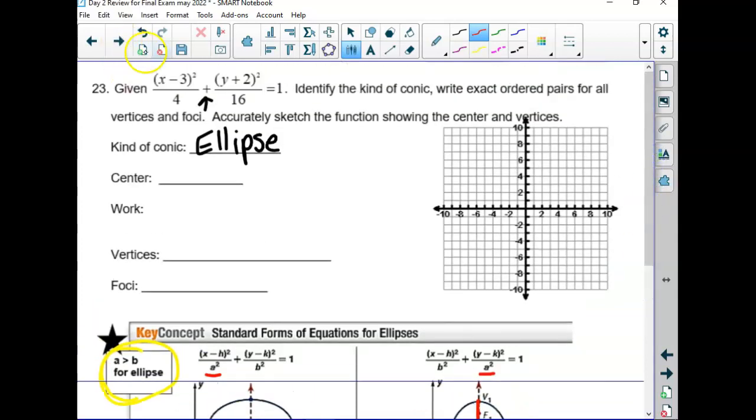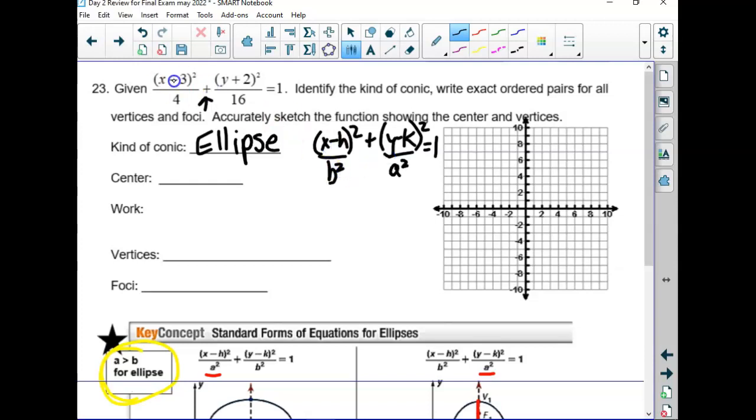So this particular equation would have x minus h squared plus y minus k squared equals 1. And this one is bigger over here, so that would be a squared here and b squared here.